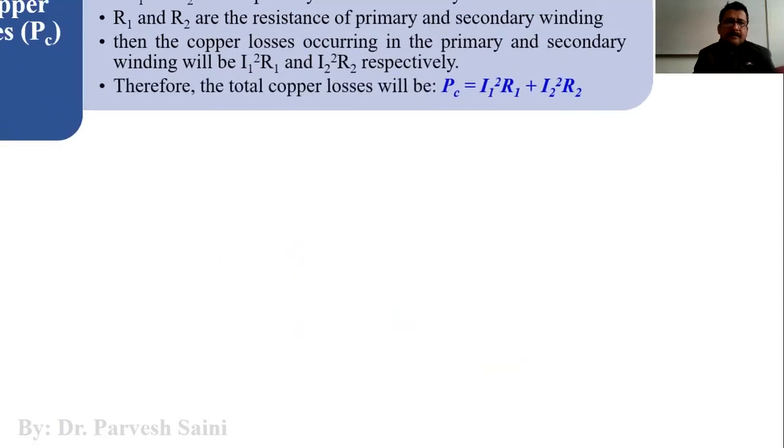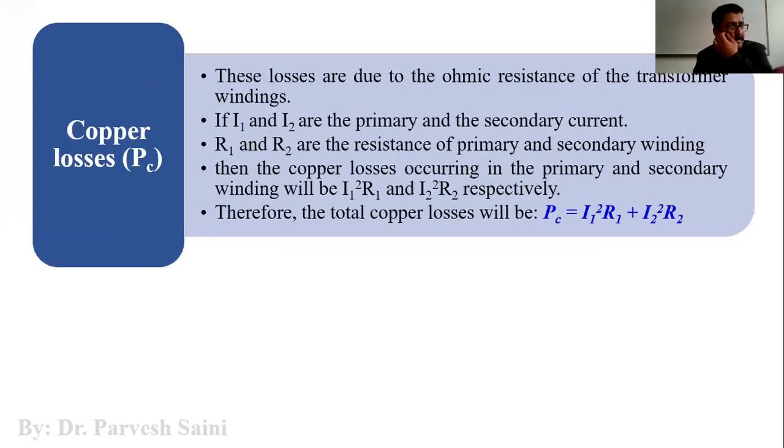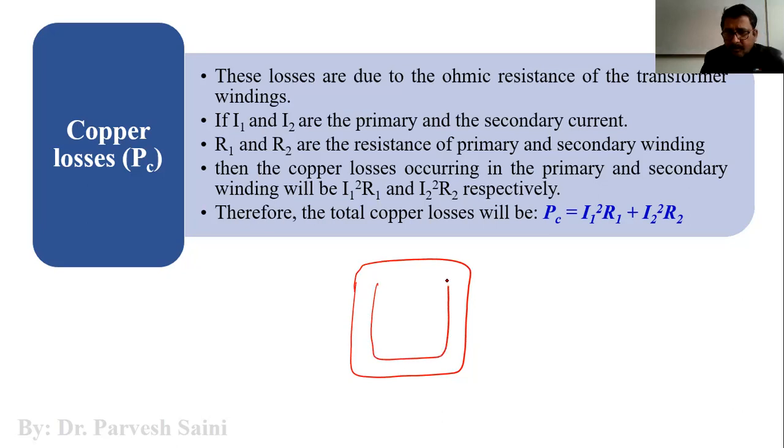After that, we have the copper losses. Copper losses are associated with the windings of the transformer. Consider a transformer which is loaded with some impedance at the secondary side. This is an AC voltage V1, and this is the primary current I1 flowing here.